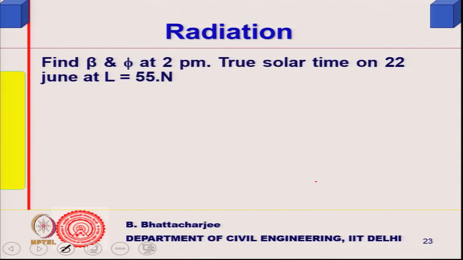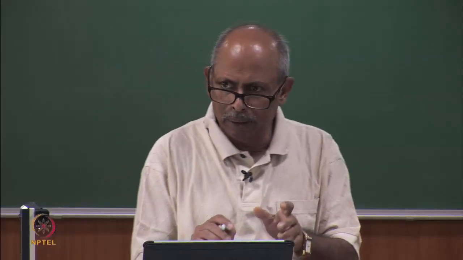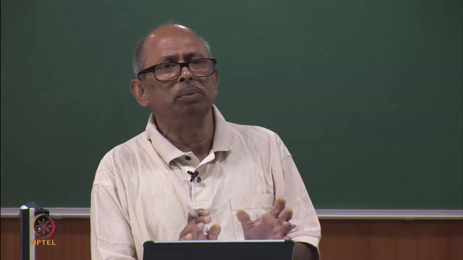Supposing, just for the sake of calculation, I want to find out beta at 2 p.m. true solar time on 22nd June at latitude 55 degrees north. Why have I taken 55 degrees north? Because the same problem is given in Marcus and Morris's book, so we can verify.